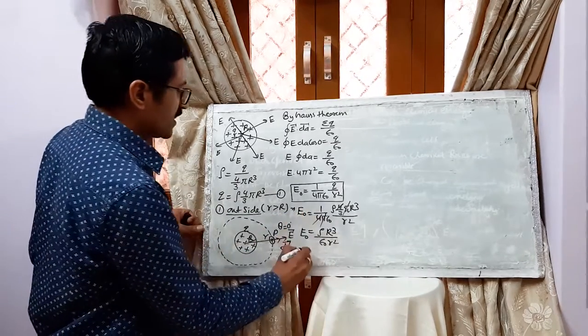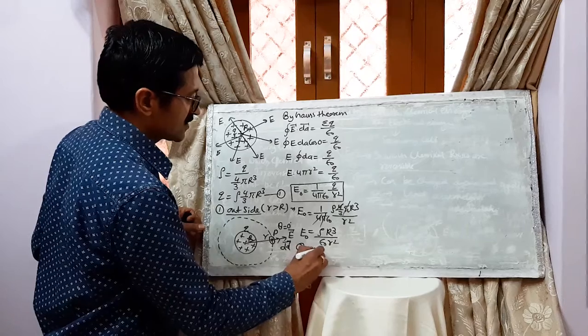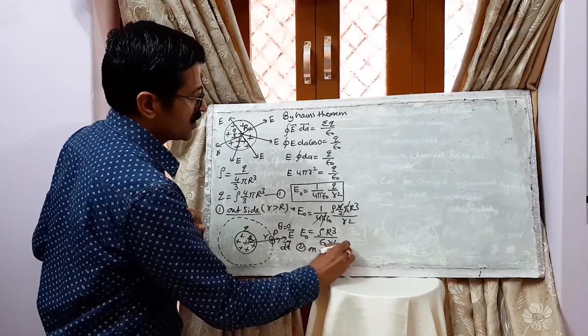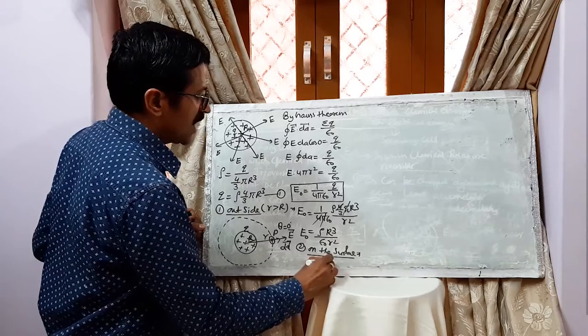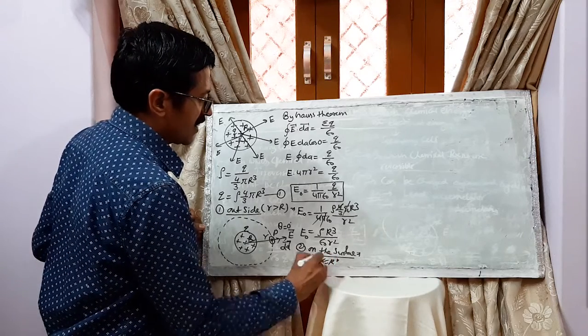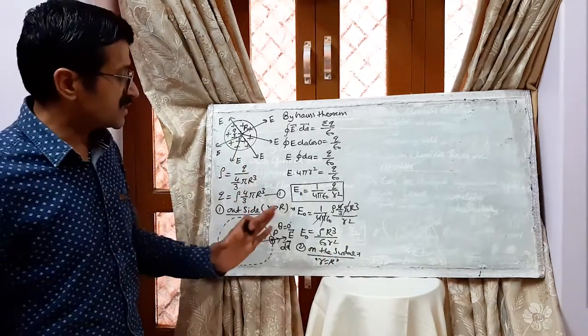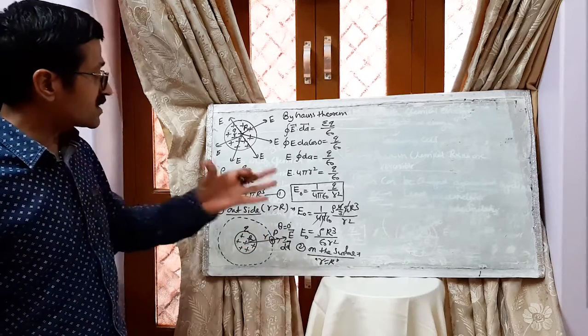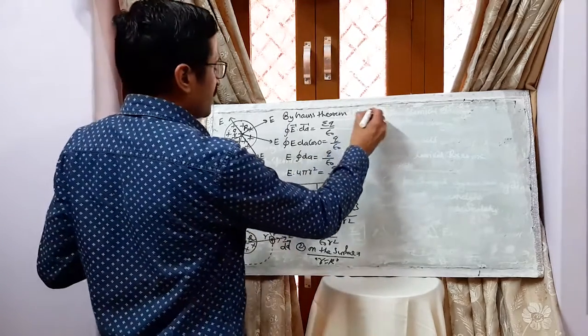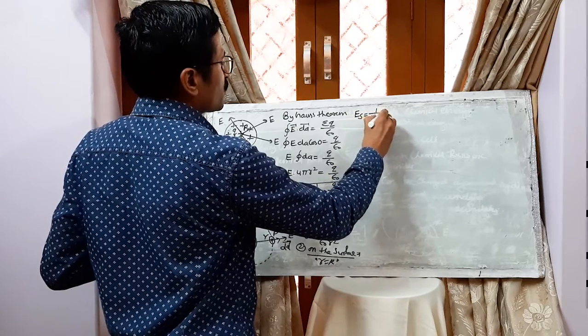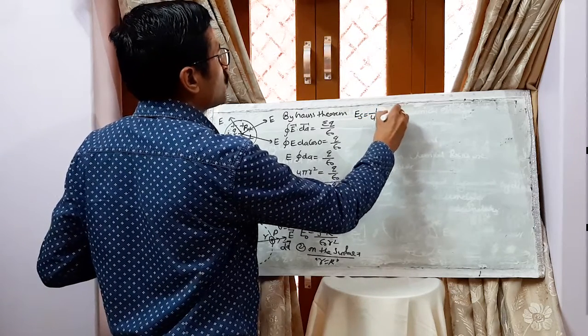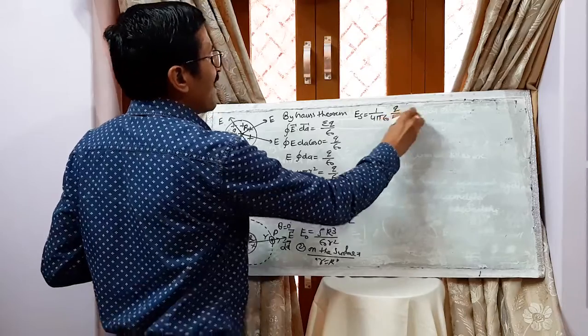Now, what about on the surface? On the surface, small r becomes equal to capital R. Now, how to find the electric field intensity in this case? Small r will get replaced by capital R. Then E surface will be 1 upon 4 pi epsilon naught Q upon capital R square.